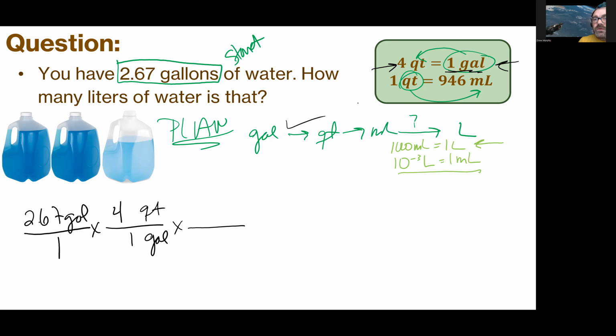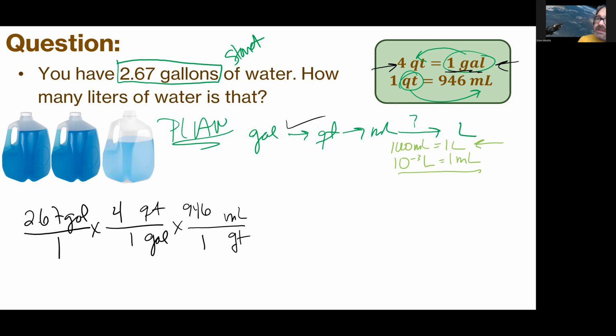We've got gallons to quarts, and we need to get quarts to milliliters. We want quarts to cancel, so we'll put quarts on the bottom, which means milliliters goes on the top. And look here, 1 quart is 946 milliliters.